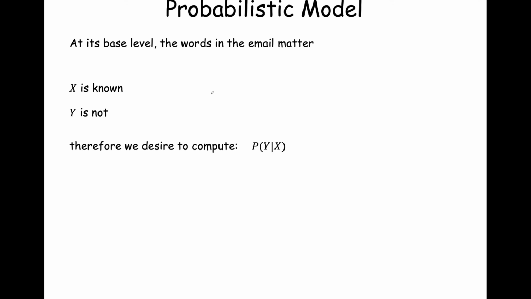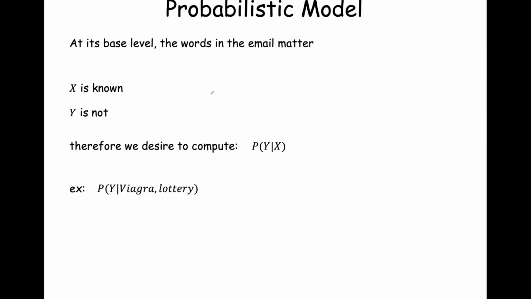Otherwise, it's 0. If it's the second word, then the second feature. Third word, the third feature, and so forth. Our feature vectors are known because we can generate features from our training data, but our class label is not. And so what we're trying to compute is this information coupling, our probability of a certain class label, spam or ham, given our feature vectors that we do know.